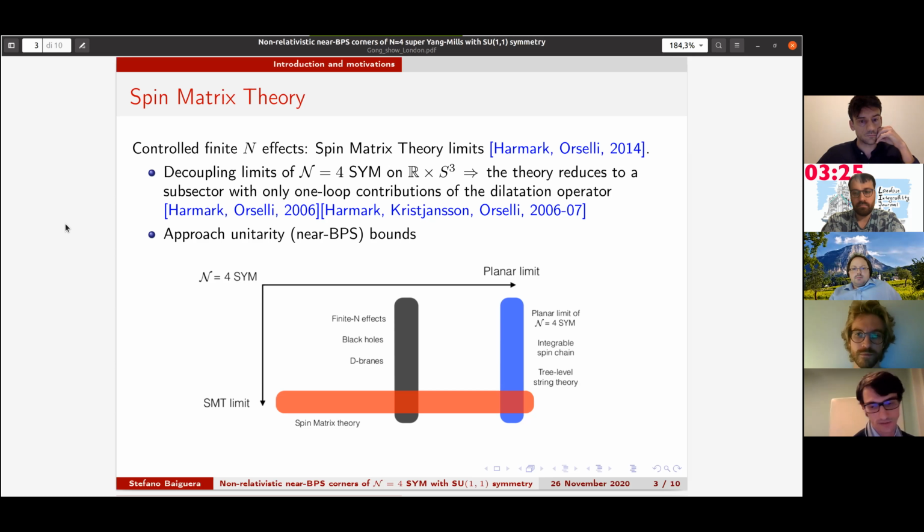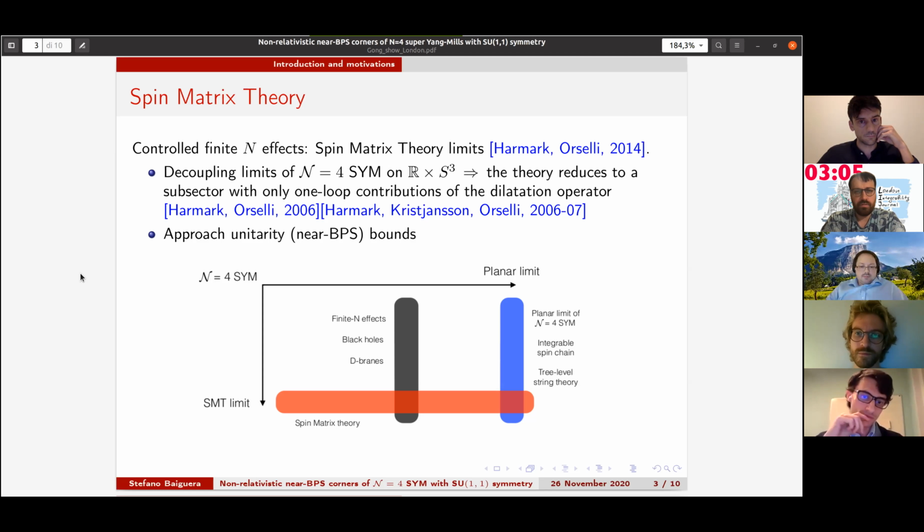One needs to go to higher loops, so probably there will be more complications, but it's possible that you can still identify some particular region of parameter space where doing these investigations, but I don't know a priori. Thanks.